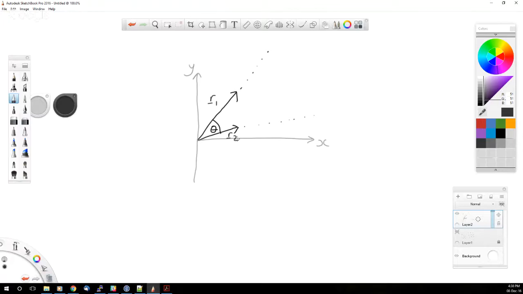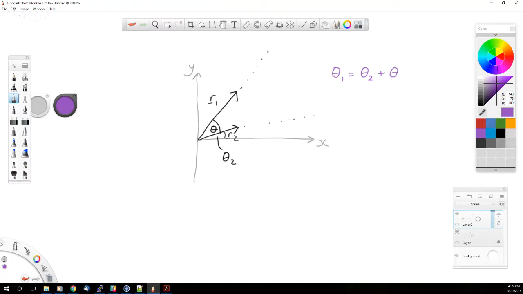I'm now also going to say that this angle here, I'm going to call theta 2. And I'm also going to say theta 1 is theta 2 plus theta. So theta 1 is the angle from the x-axis all the way up to R1.